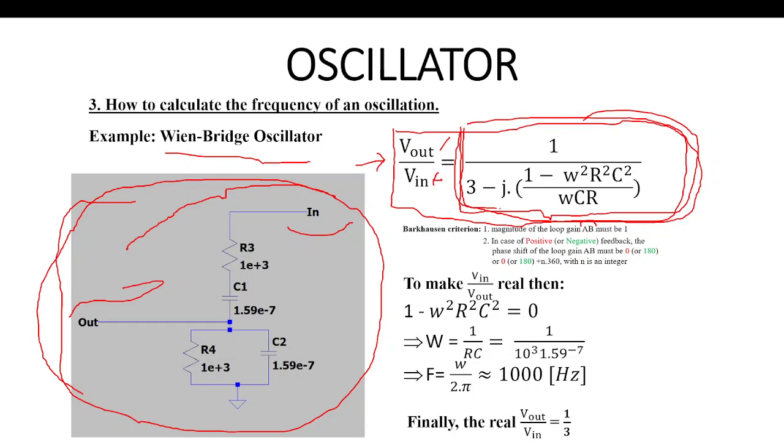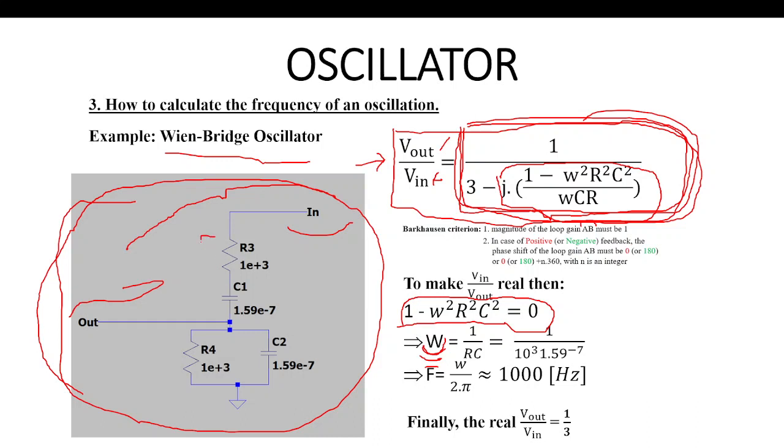And if this part decides the loop gain, and the loop gain is a real number, we need to eliminate this imaginary part. In order to eliminate this imaginary part, we will have this condition. And because of this condition, we can obtain the frequency, or the angular frequency. This is the frequency, and this is the angular frequency of the oscillation.